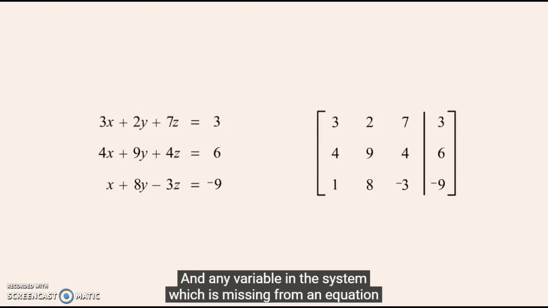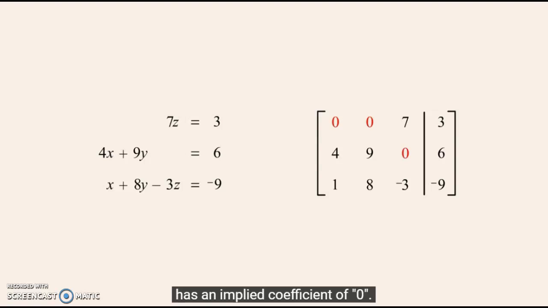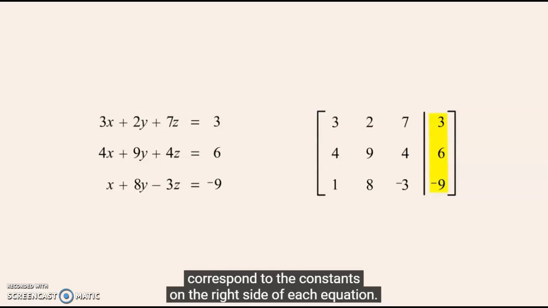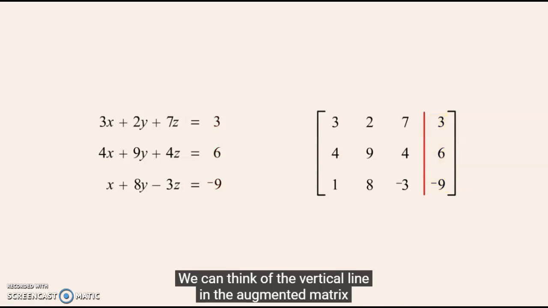And any variable in the system which is missing from an equation has an implied coefficient of 0. The entries in the column to the right of the vertical line correspond to the constants on the right side of each equation. We can think of the vertical line in the augmented matrix as corresponding to the equal signs in the equations.